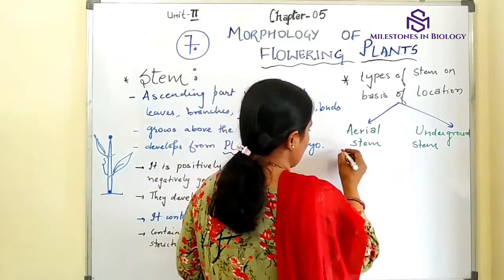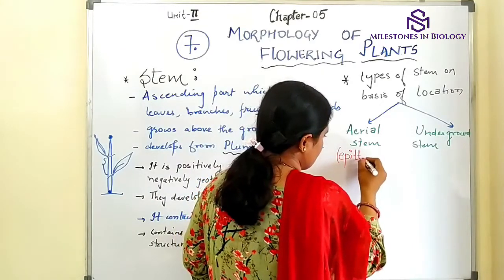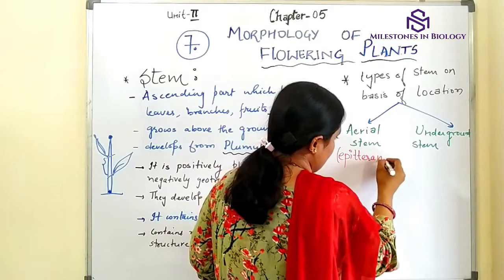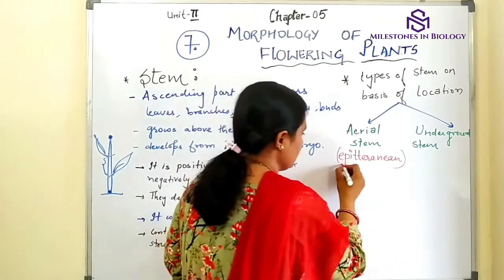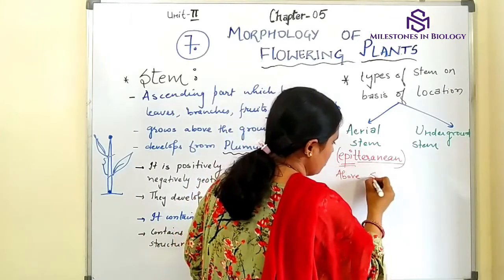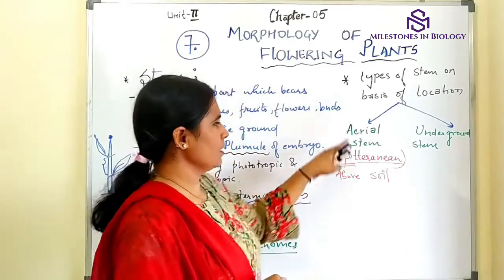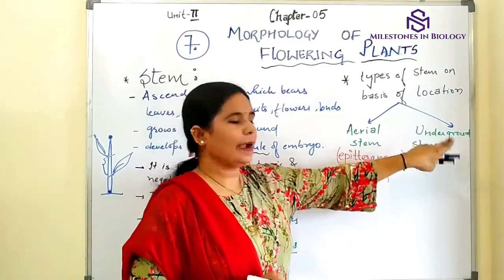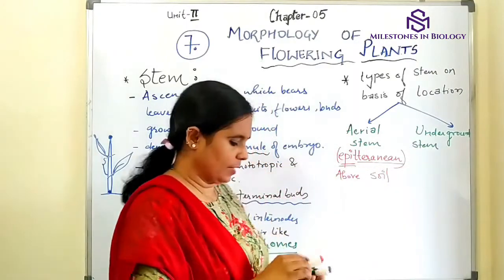You can also call it epiterranean. Okay, epi means above. Fine, above the soil. The stem which grows above the soil is called aerial stem, and the stem which grows below the soil is called underground stem.